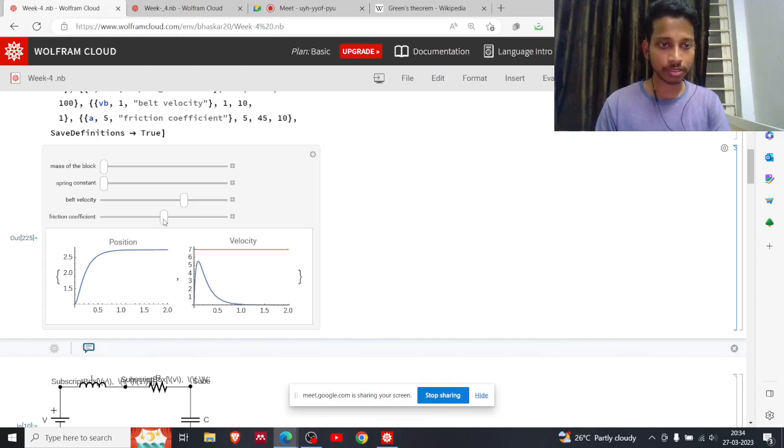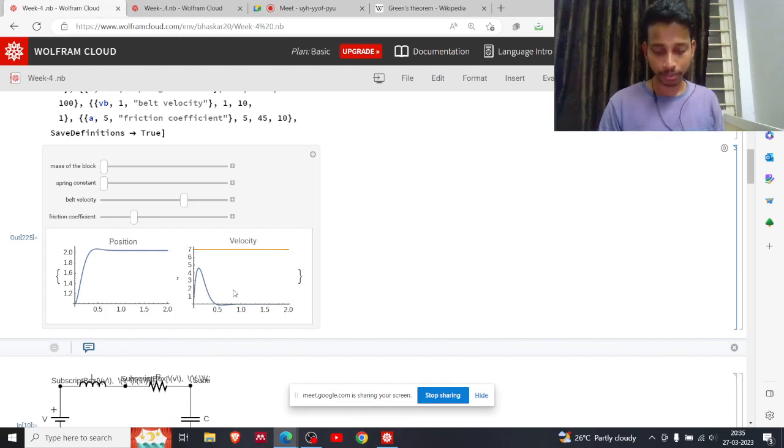Now when we decrease the friction coefficient, it shows some kind of oscillatory motion, but when we increase the friction, it shows damping oscillation. So basically the friction is working against the oscillation, so it actually gives us the damping force. That's why with increasing time, the mass comes to rest at a certain position. Here it is 2, and the velocity is going to 0.